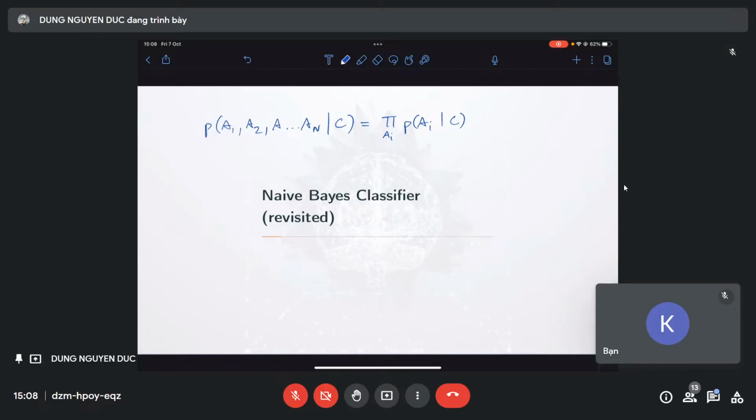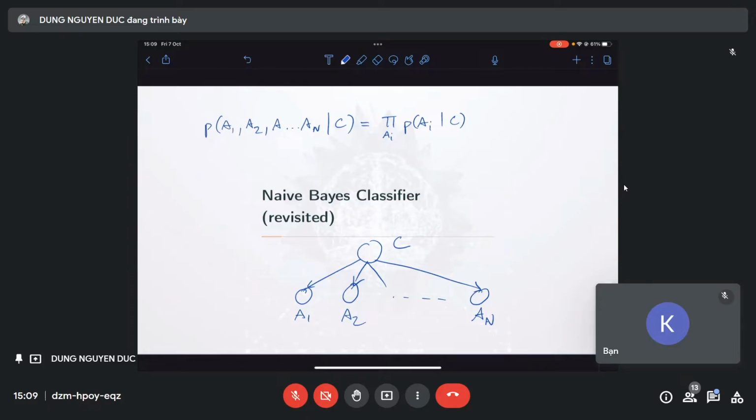Okay, so if you draw it into a graph, this is C, the class, right? This is A1. Oh, sorry, may I draw this way? A1, this is A2, and something else like this one, AN. So you see that A1 now depends only on the class C. A2 only depends on the class C, and so does AN.